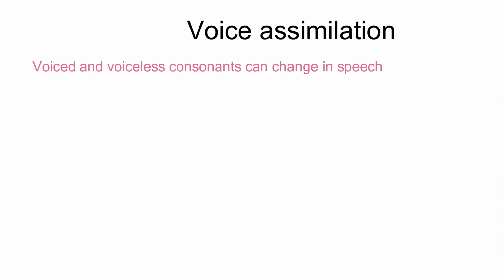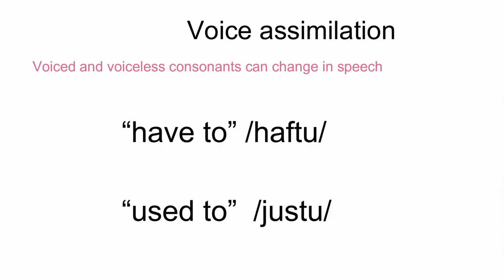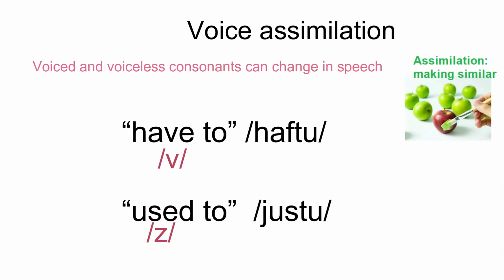As a non-native speaker, you must have been taught to pronounce have to as hafta and used to as usta. You might have wondered why, since the v in have is a voiced sound, and used alone is pronounced as used. The reason is the phenomenon called the assimilation of voice.